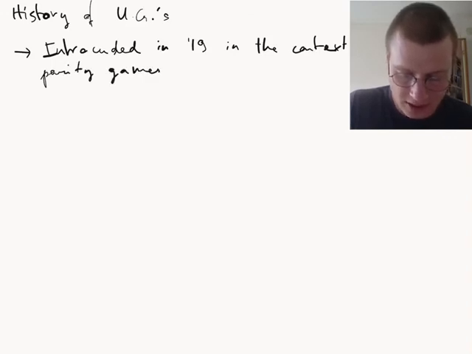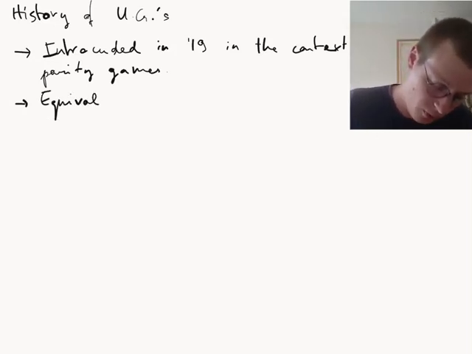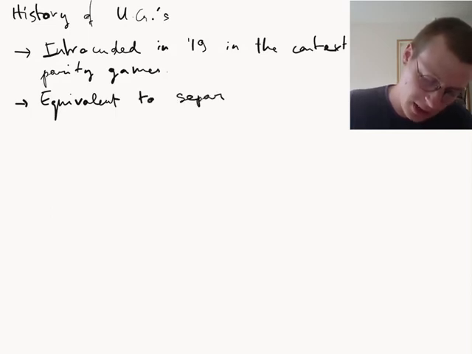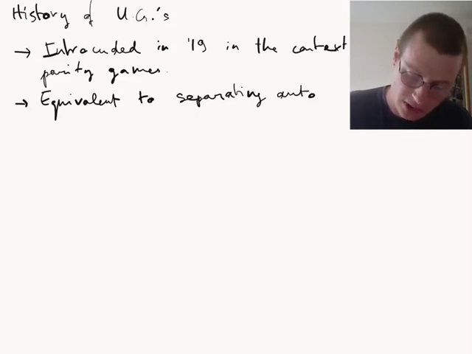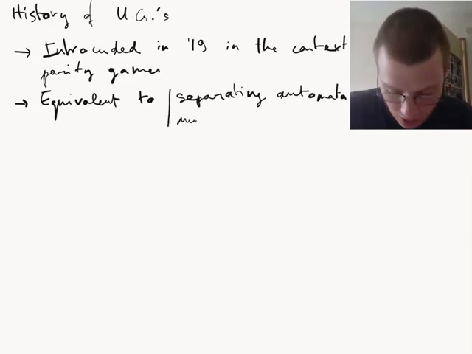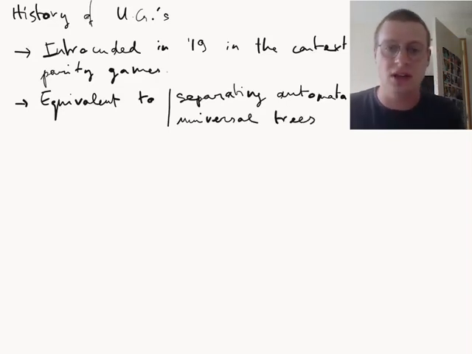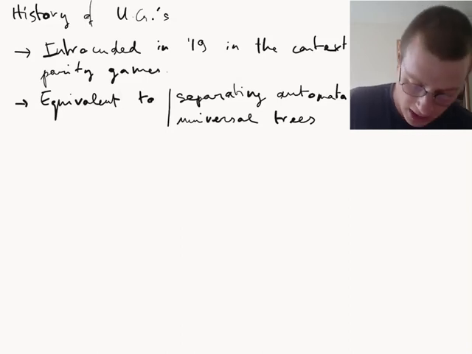In this context, they were shown by the authors to be equivalent, for parity games, to separating automata, so actually to strongly separating automata, if one wants to be precise, which are also equivalent to so-called universal trees.